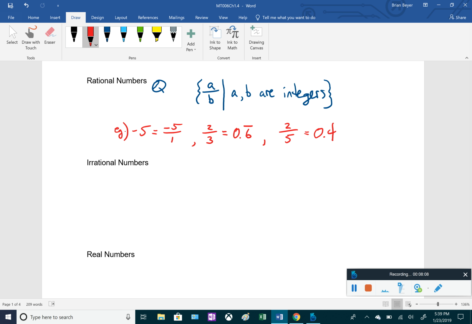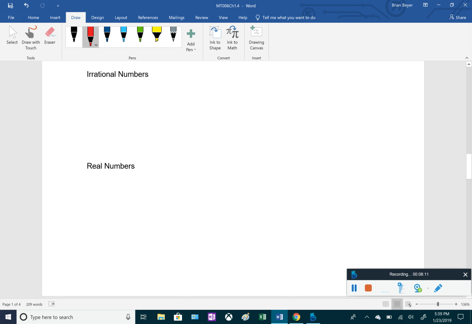Okay, and then for the next one, for irrational numbers. So irrational numbers, we can denote this with a capital I. I'm just going to do a cursive I. And for irrational numbers, essentially these are just going to be not rational numbers.